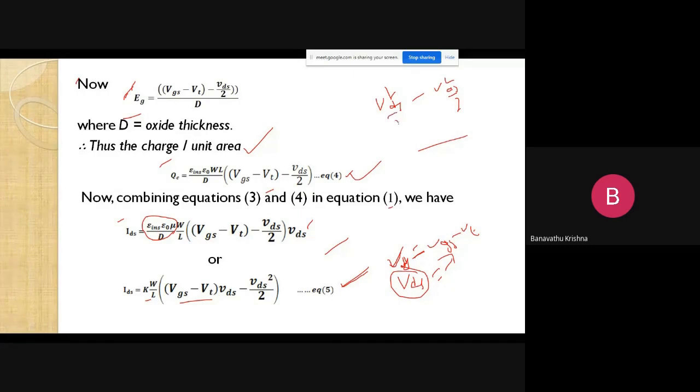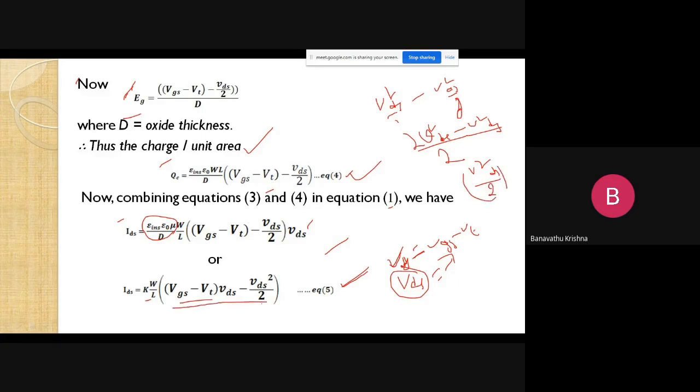V square DS by 1 and V square DS by 2, the LCM is 2. So 2 V square DS minus V square DS is nothing but V square DS by 2. This is the final point here.